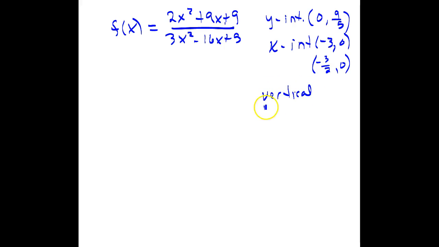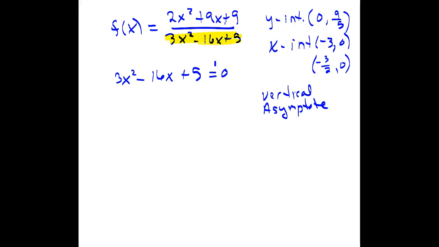Now when I'm looking for a vertical asymptote, I'm going to look at my denominator right here. Because that's where I'm either going to have a vertical asymptote or possibly a hole in the graph. So I'm going to look at that 3x squared minus 16x plus 5, and we want to know where that equals 0.